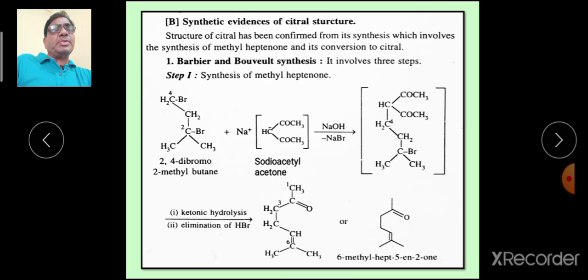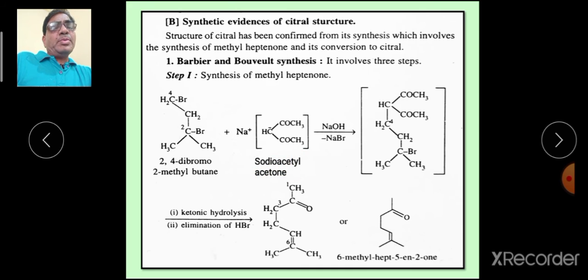The first method is the Barbier-Bouveault synthesis. It involves the following steps. The first step is the synthesis of methylheptenone. It is done by the reaction of 2,4-dibromo-2-methylbutane with sodium acetylacetone.